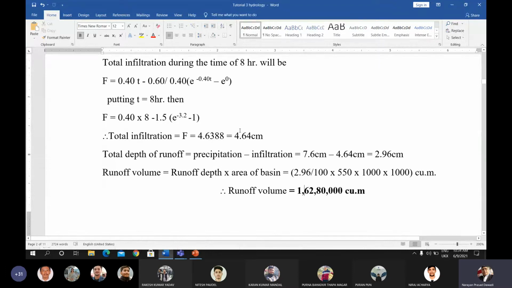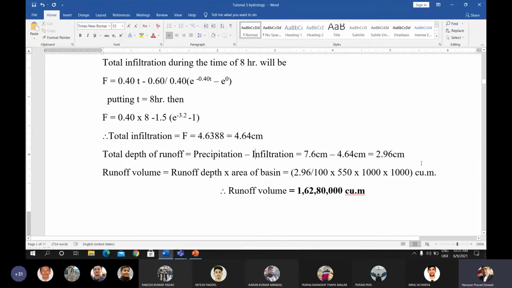The remaining water flows towards the river or stream as surface runoff. That's why depth of water for the surface runoff will be total precipitation minus infiltration, which gives the value of 2.96 centimeter.